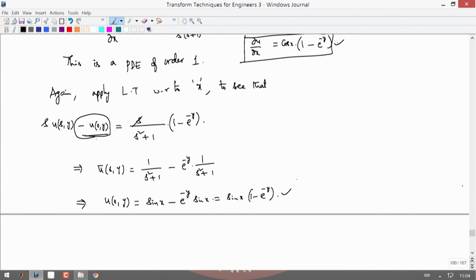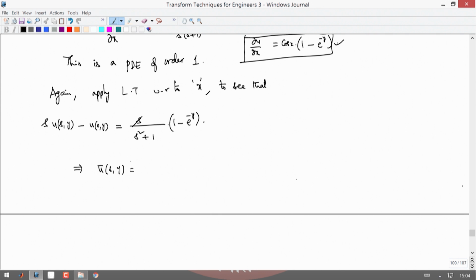So, what happens to this? This we do not know. Let us call this some function of y. So, ū(s, y) is equal to, let us call this u at (0, y), which is still unknown, plus (1 − e^(−y)) times 1/(s(s²+1)).